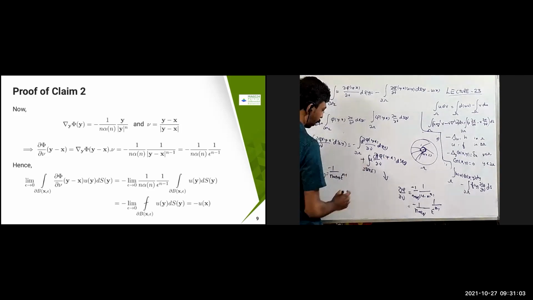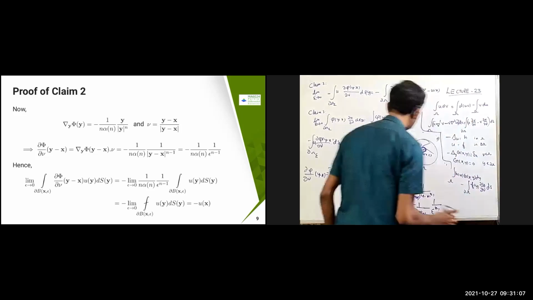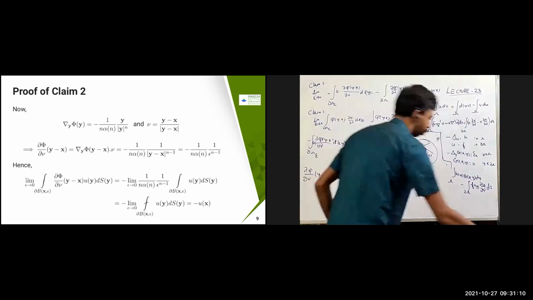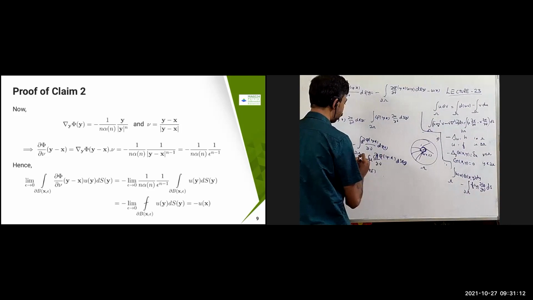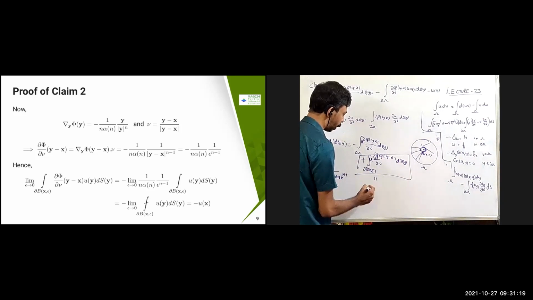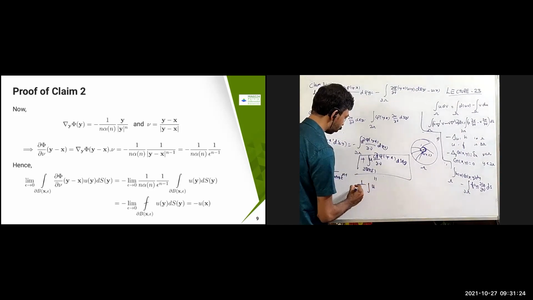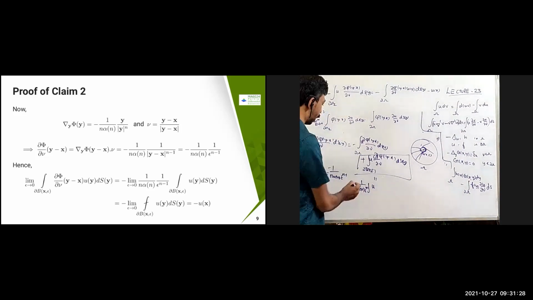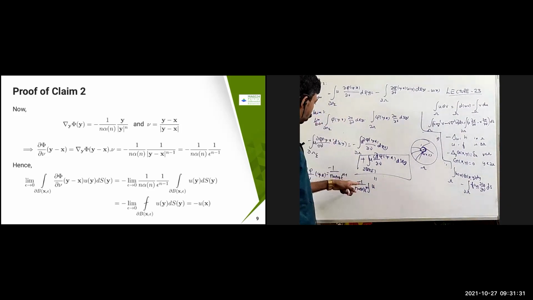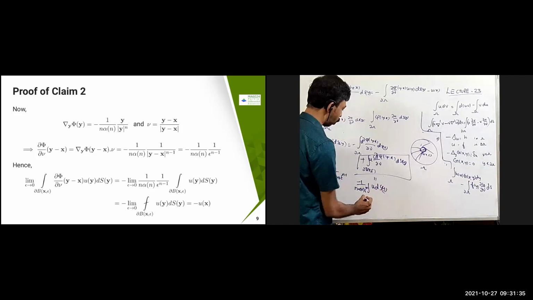So this term, only the last term, I'm just going to apply the limit epsilon tends to 0. I can write this as u into, outside, n into alpha of n epsilon power n minus 1, that I'm going to take out, so minus is there. So u into dS of y is going to come, and this is over dou B of x comma epsilon.